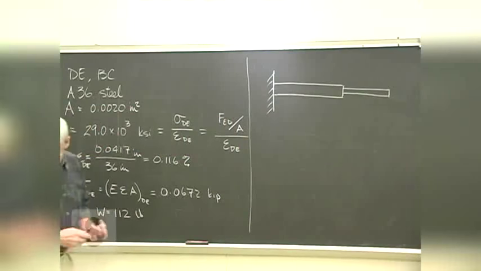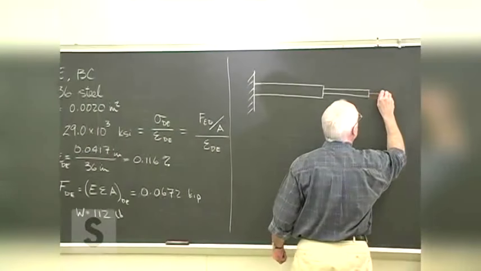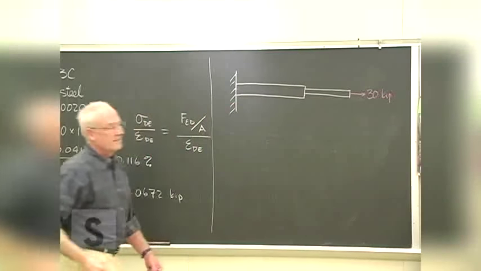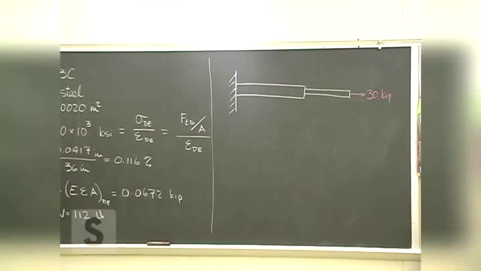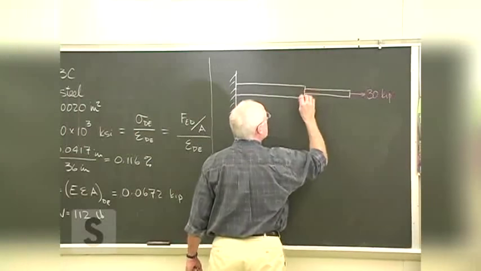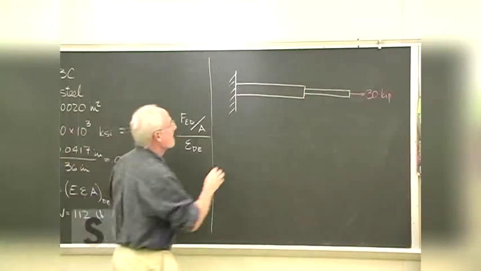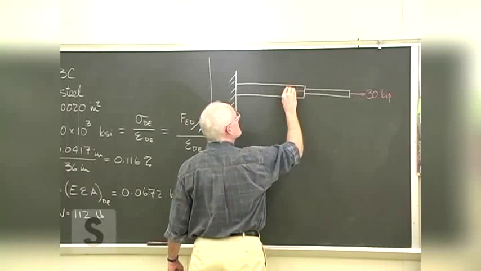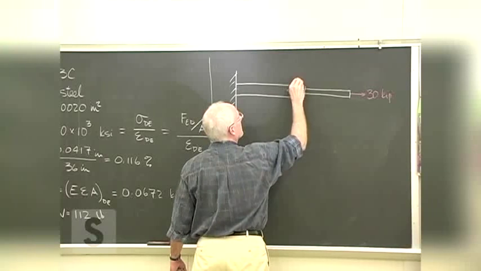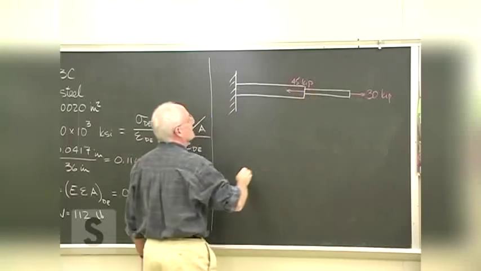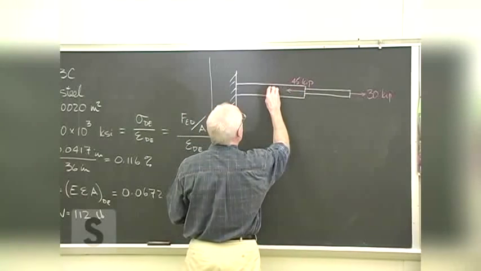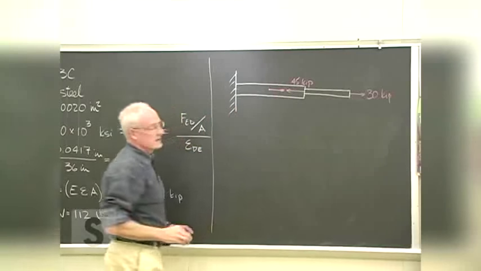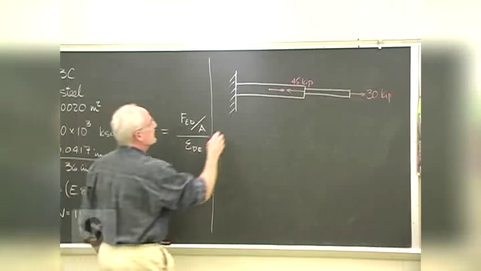And it's loaded such that there's 30 kip at that free end, 45 at this interface between the two different pieces in that direction, and at midpoint there's a load like that of 75 kip.